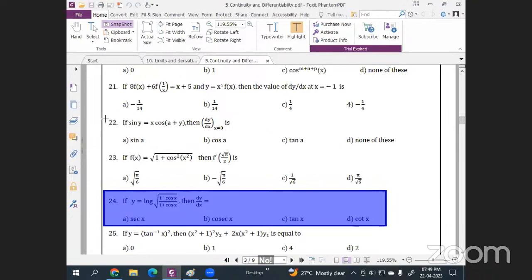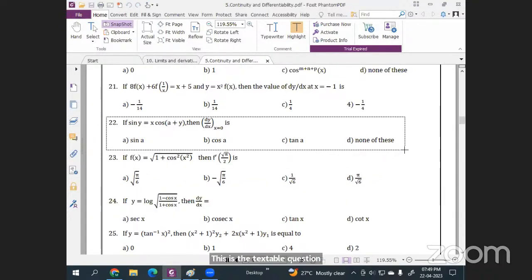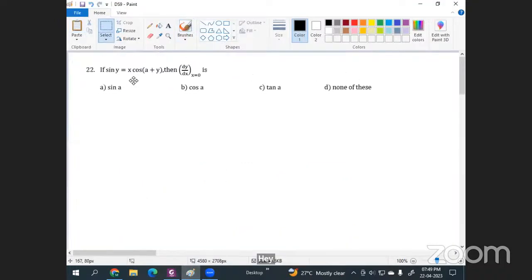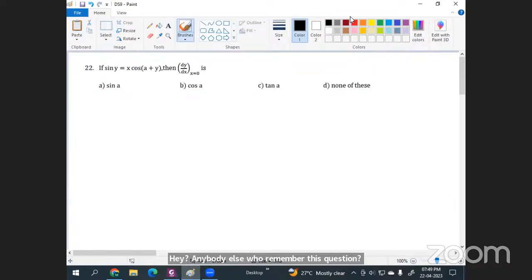Now, this is a textbook question. Anybody who remembers this question? How to proceed? If sin y equal to x into cos of a plus y, then dy by dx at x equal to 0 is? So which way can we proceed for this one?